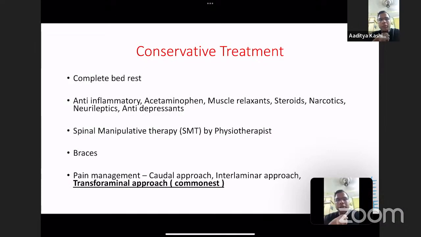Sometimes steroids and neuroleptic drugs. Once they are better pain-wise, we start them on a physiotherapy regime, and sometimes we give braces. After doing all these things, if they are not doing well, then sometimes we offer them pain management, where the transforaminal approach is the most common that we advise.